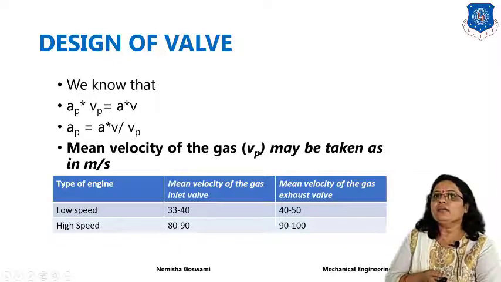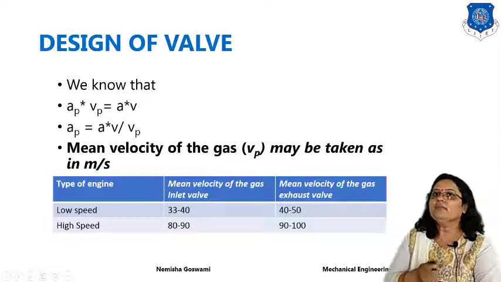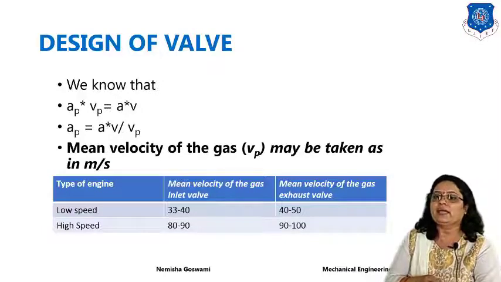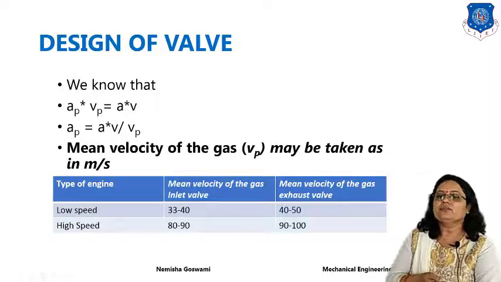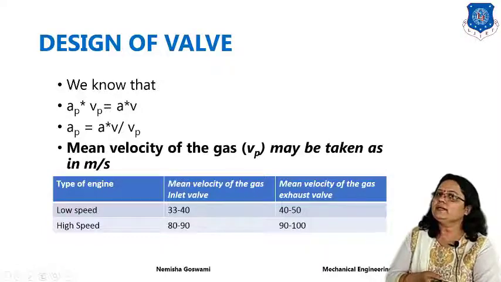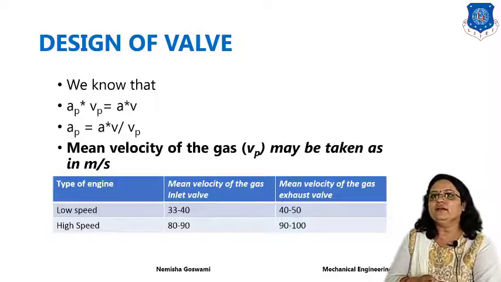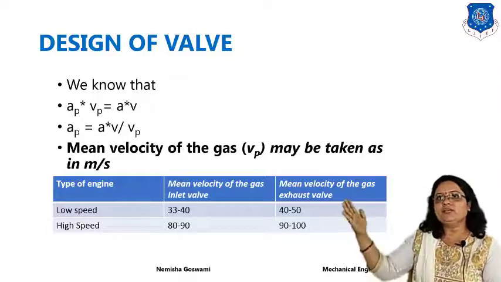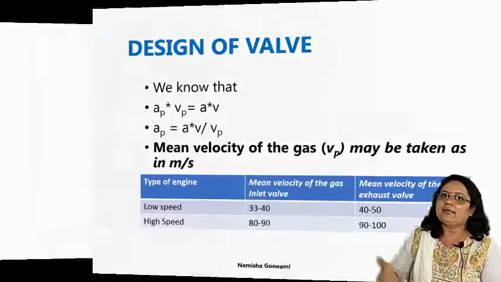For low speed engines, the inlet condition varies from 33 to 40 meter per second, and for high speed it varies from 80 to 90. Similarly, the mean velocity of the gas for the exhaust valve varies from 40 to 50 for low speed engines and 90 to 100 for high speed engines.